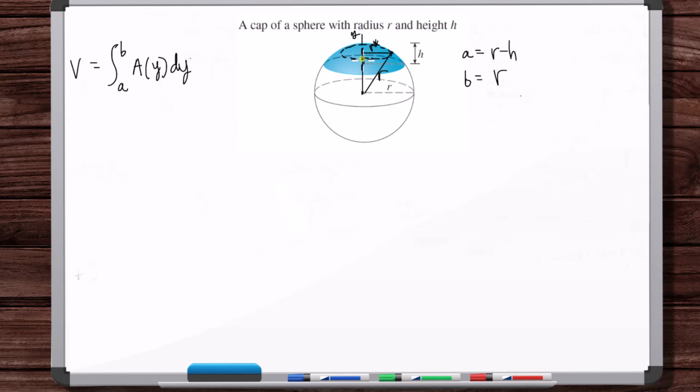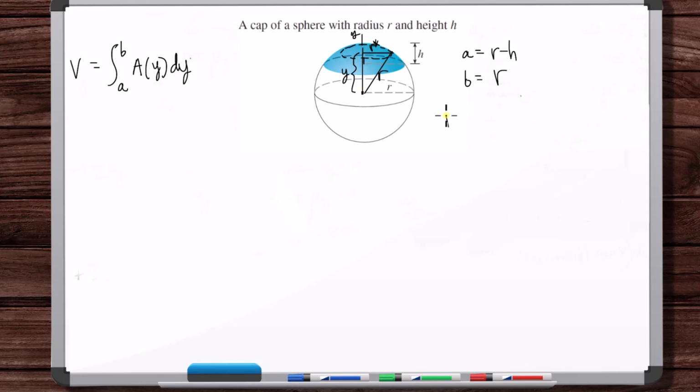For any general position, this distance here is y, because we're integrating from r minus h to r. And so this whole distance here is just y.